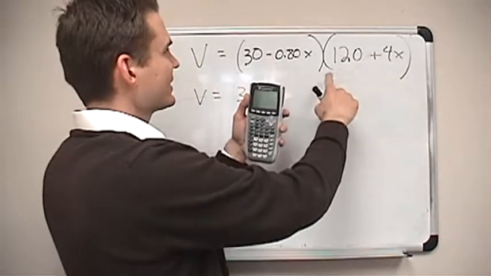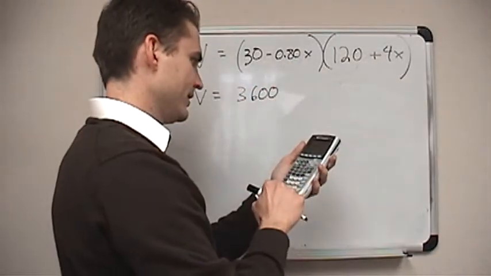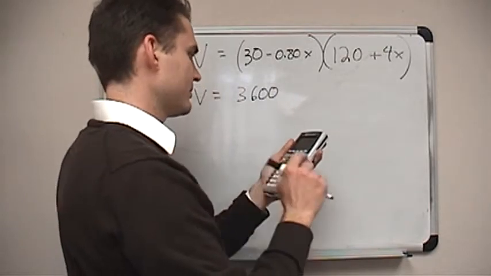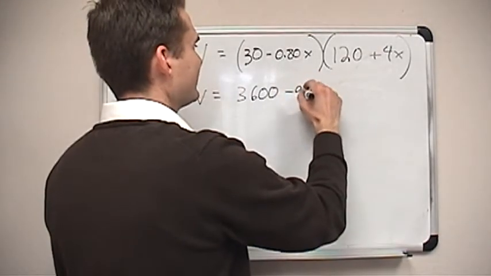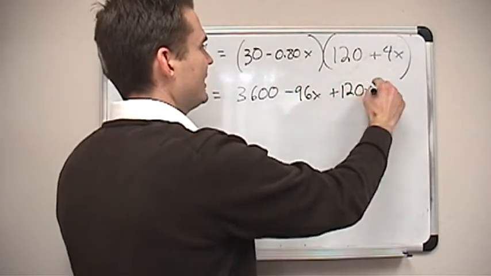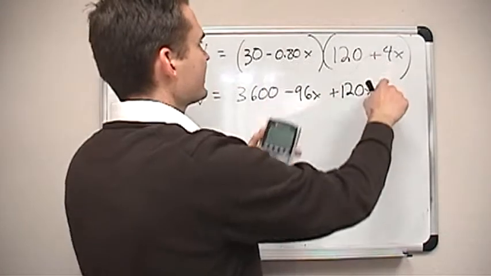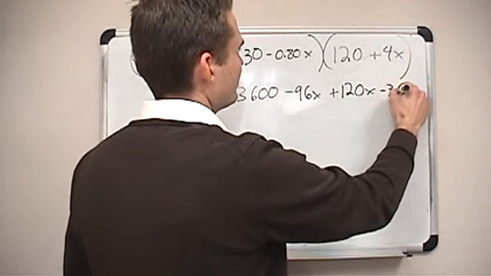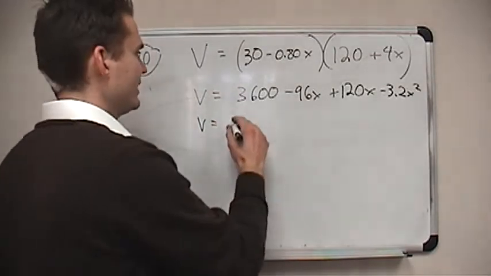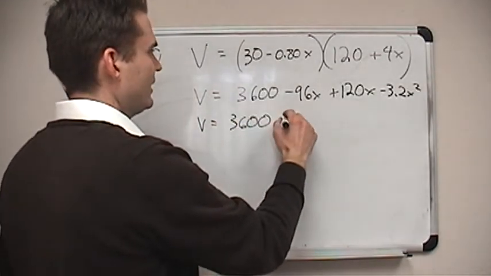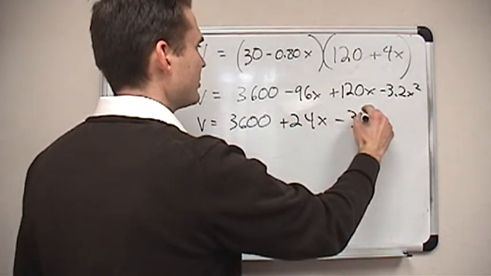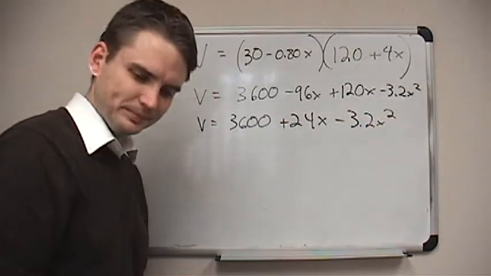So I'm just foiling these together. 120 times 0.8, so it's going to be negative 96x. Foil these together, it's 120x. And then the last terms will be negative 3.2x squared. So the value of the crop is 3,600 plus 24x minus 3.2x squared.